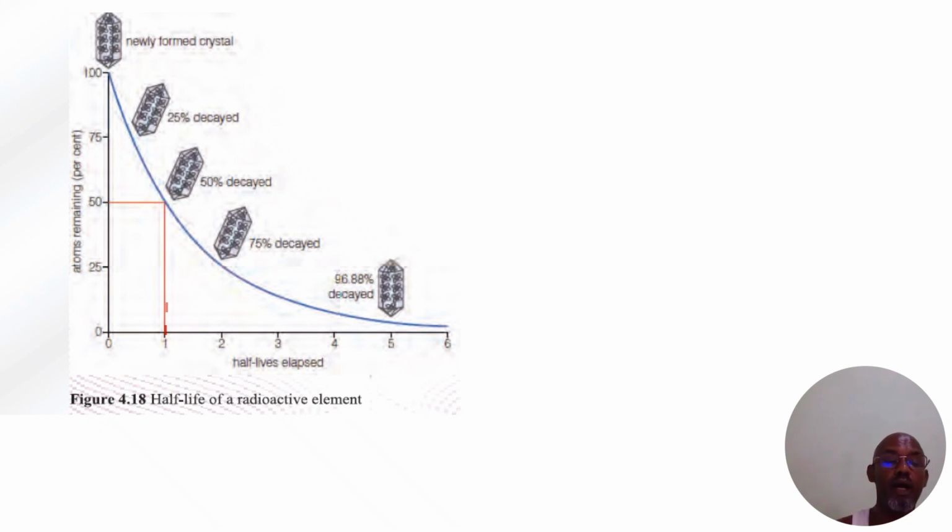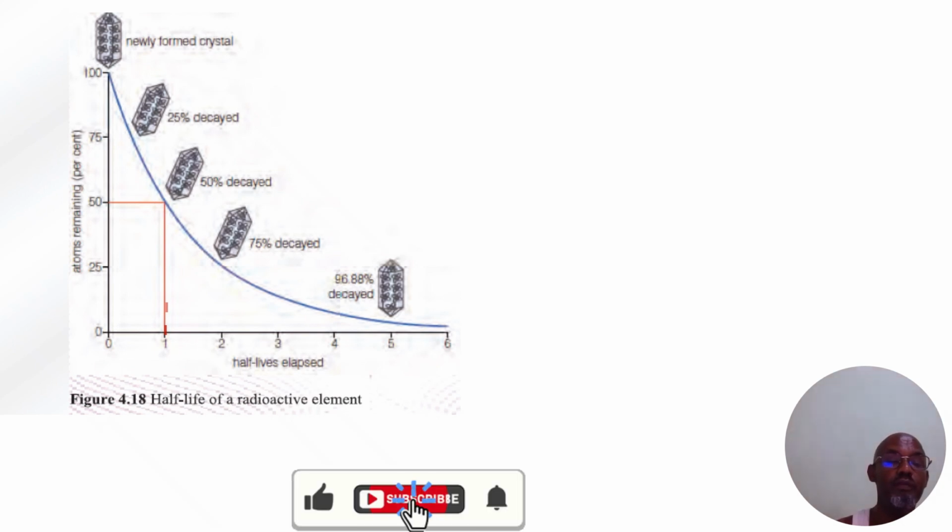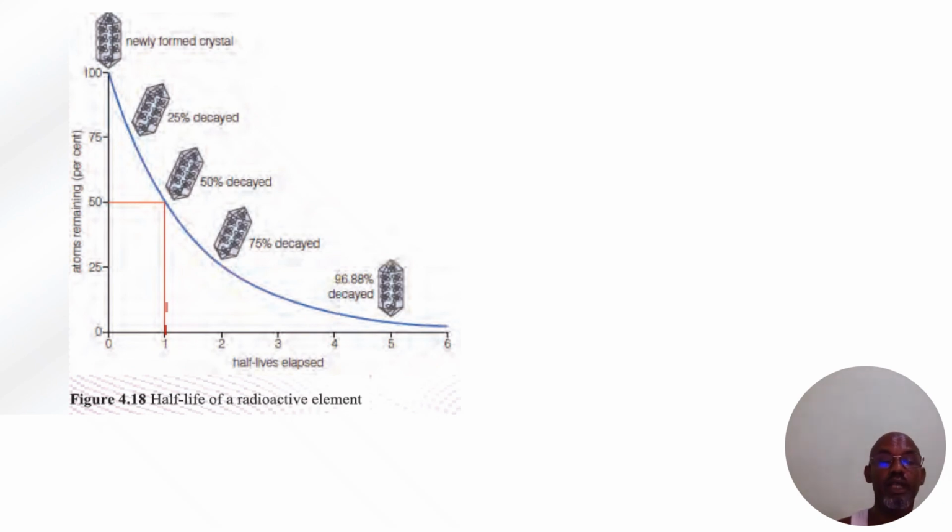Therefore, again, the third half-life, half of 25. Half of 25 is what? 12.5. And we go just like this, and you will get such a graph. You see, the amount of radioactive substance is decreasing as the number of half-lives increases here.